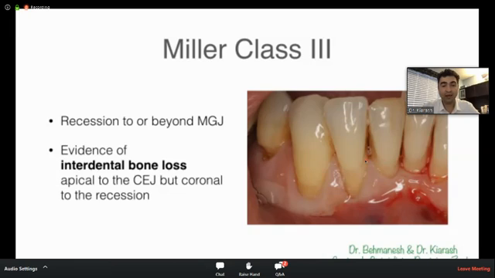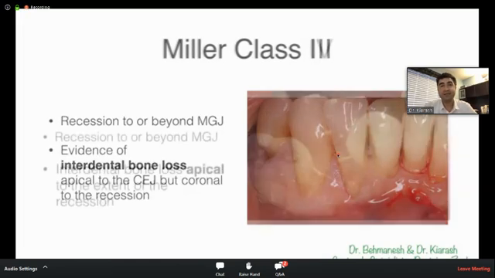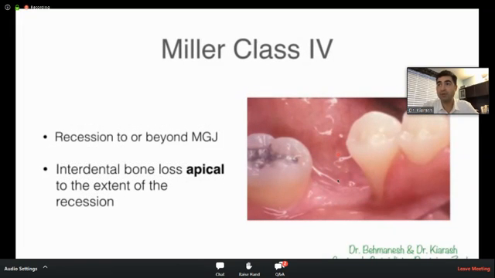So class 3 automatically means we've lost interproximal tissue and we have a recession. It doesn't matter if the recession's at the mucogingival junction or short of it. Because we've lost interproximal tissue, we are an automatic Miller 3. And a Miller 4 is basically an exacerbated Miller 3 to the point where we no longer have tissue harmony.